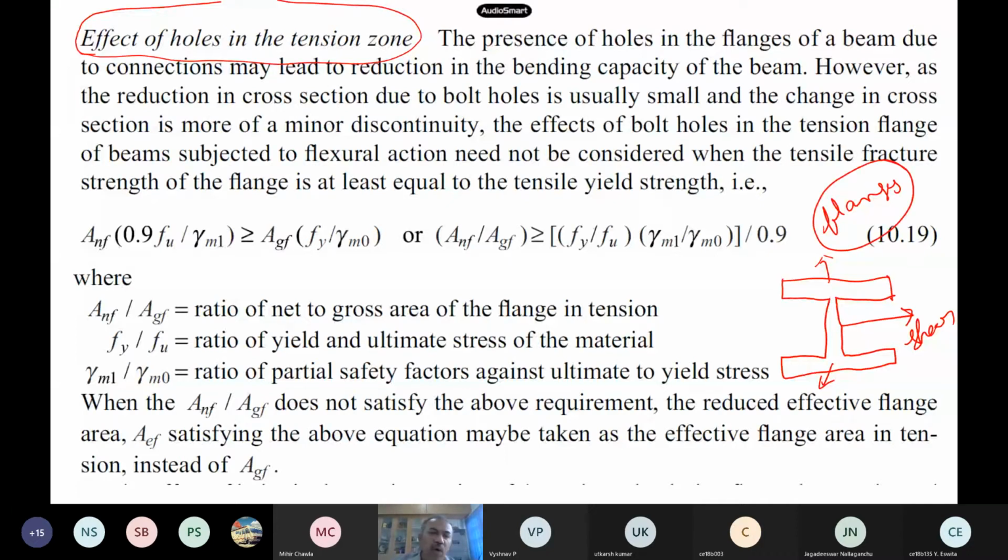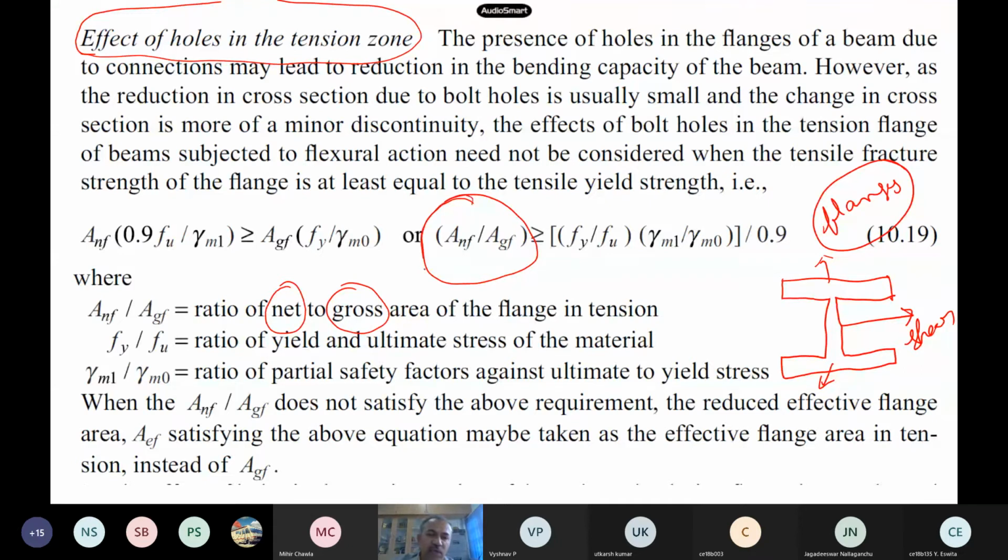Now suppose I have any holes in the flange, because we try to connect it to some other section or whatever. The code says you can neglect these holes in the calculations, but they also give a criterion. Your net area of the flange, that means removing the hole diameter and other things, over the gross area of the flange.